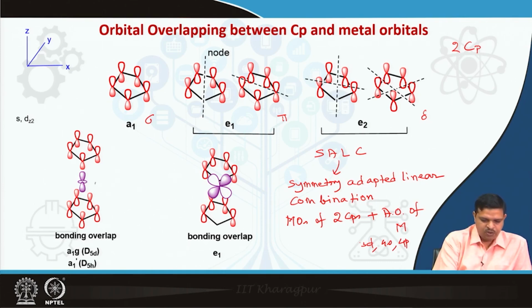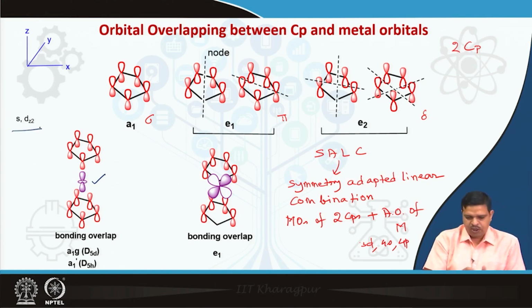This is perfectly matching with the dz square, and also it will be fine for s, and we then did the SALC method to construct the molecular orbitals. Similarly for E1, we checked the specific symmetry of the d orbitals and then constructed the molecular orbitals of the parallel metallocene, for example FeCp2.